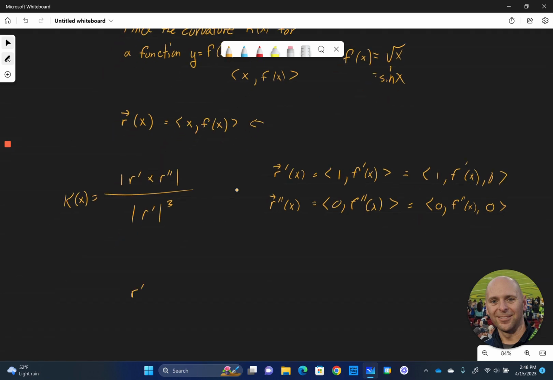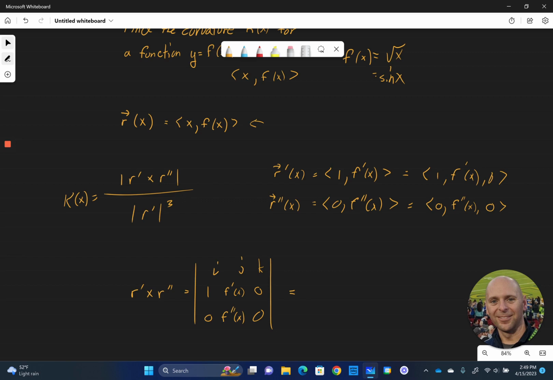So r prime cross r double prime is going to look like i, j, k. And our first vector is 1, f prime of x, and 0. And then 0, f double prime, and 0. So let's go ahead and find that cross product.